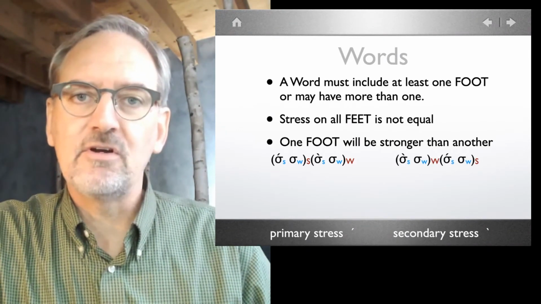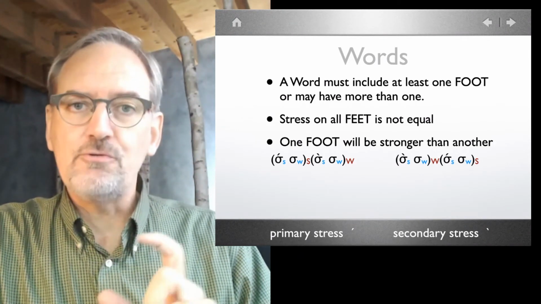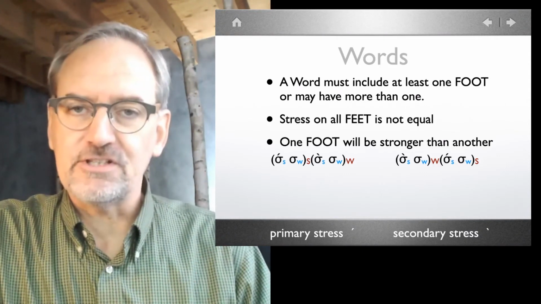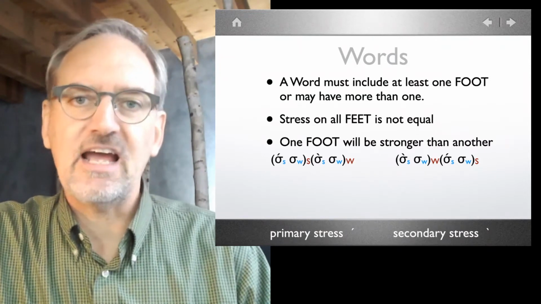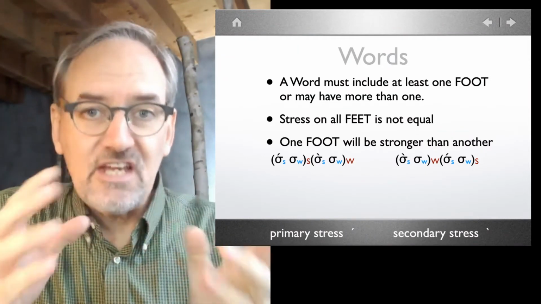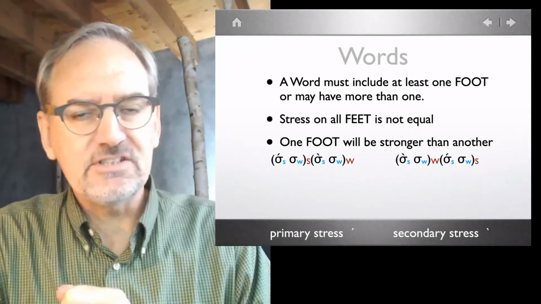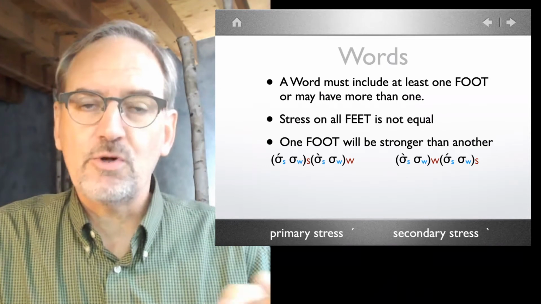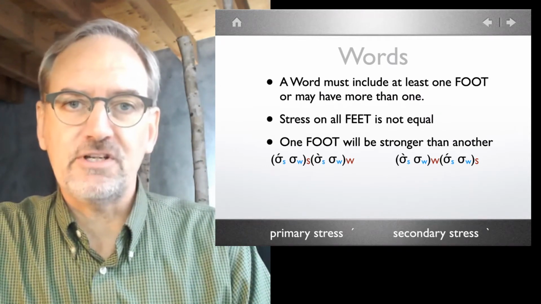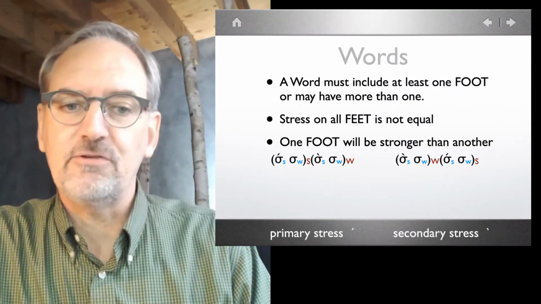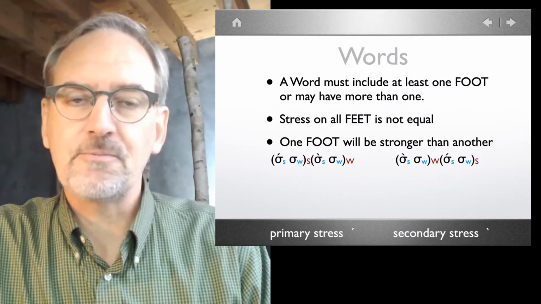Now we also have words where 2 feet form a word, and the first foot is a weak foot, and the second foot is a strong foot. Still, within the foot, the first syllable is strong and the second syllable is weak. But at the level of the word, the first foot in this case now has secondary stress, and the second foot has primary stress.